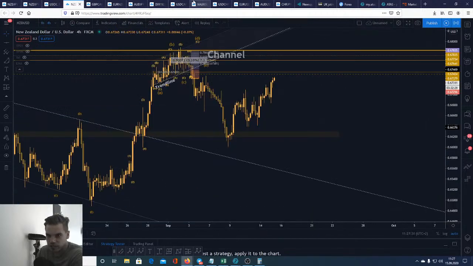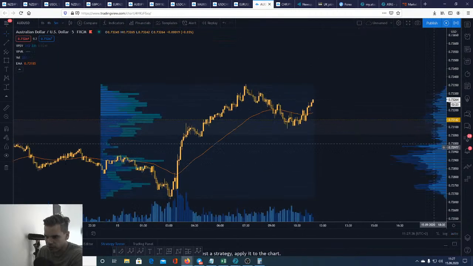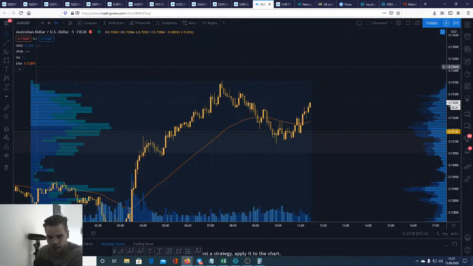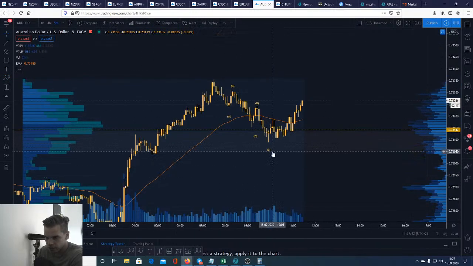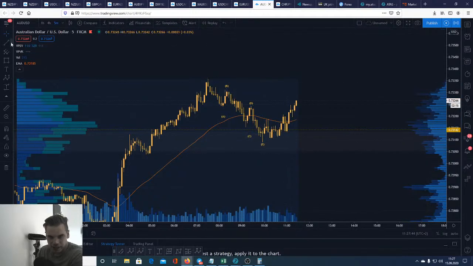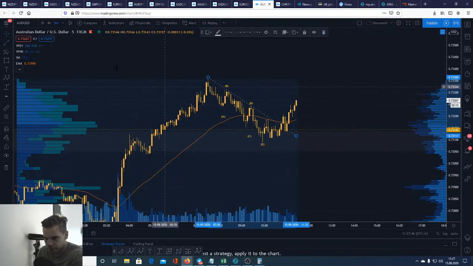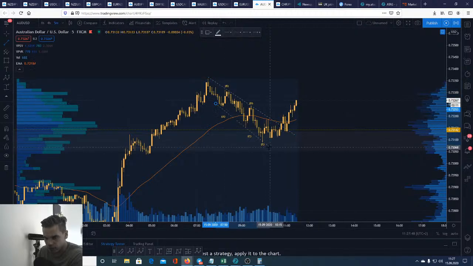Like I mentioned, if SPX goes up, we see the risk on, and we finally see, or we've seen, the breakout of this flag pattern that I mentioned here. 1 2 3 4 5, or A B C D E, and this is a flag pattern in the smaller time frame.